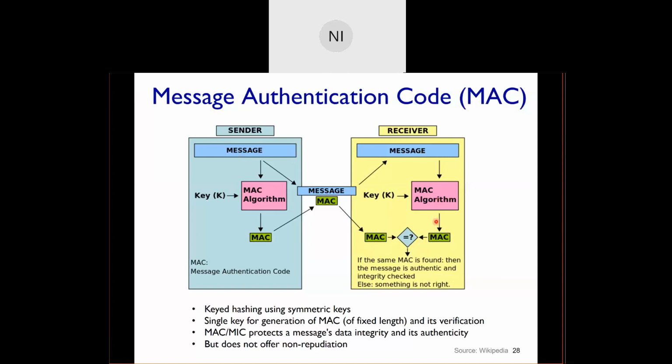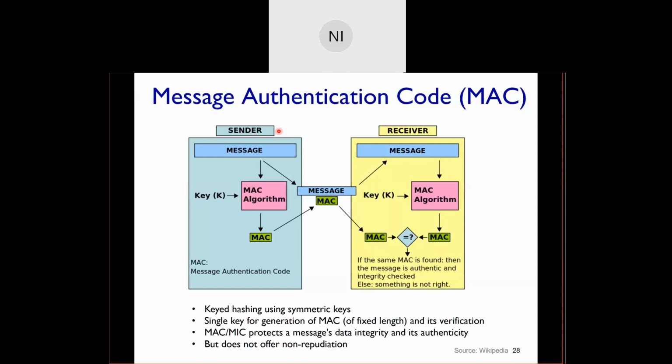But there is nothing stopping Bob from modifying the message that he received and generating a new MAC, and sending this message and the new MAC to somebody stating that this is the message that I received from Alice. You got my point, right?